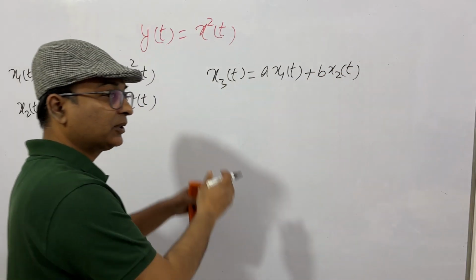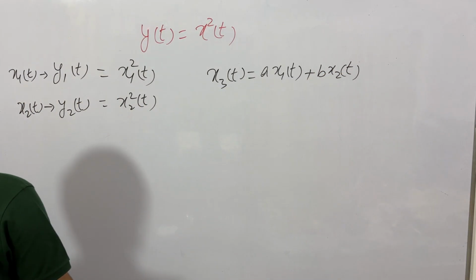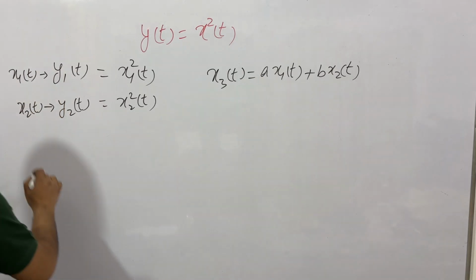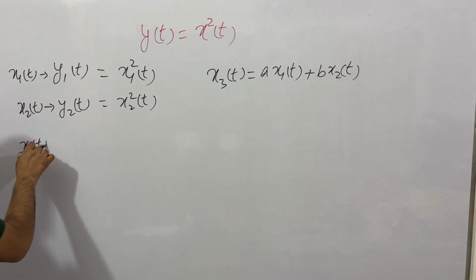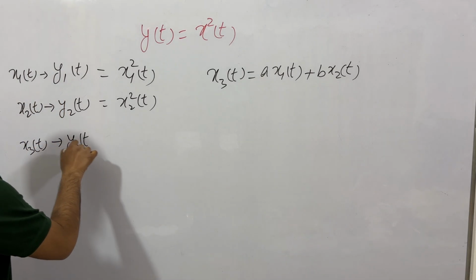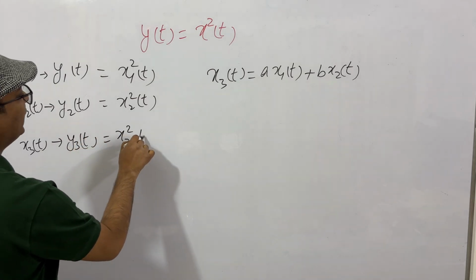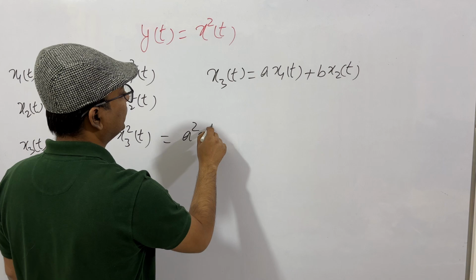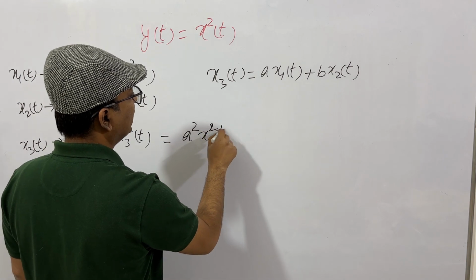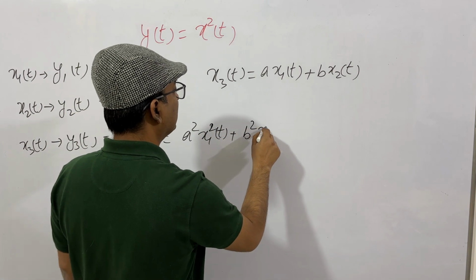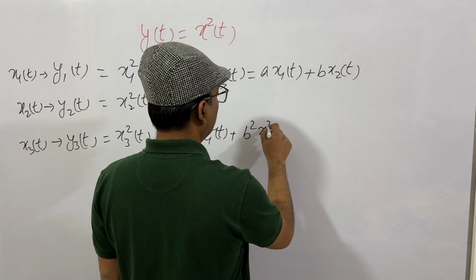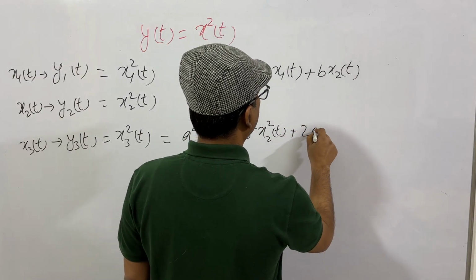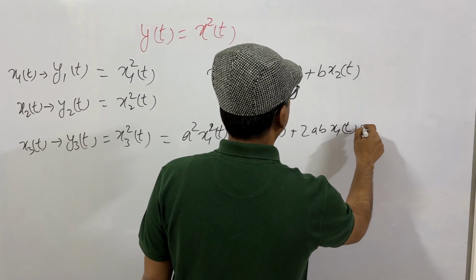This is the way we actually solve problems. The first problem I expanded so that you understand it properly. Now we'll use this. So if we use x3(t), output will be x3 square (t). What is the square of this? This will be a square x1 square (t) plus b square x2 square (t) plus 2ab x1(t) x2(t).